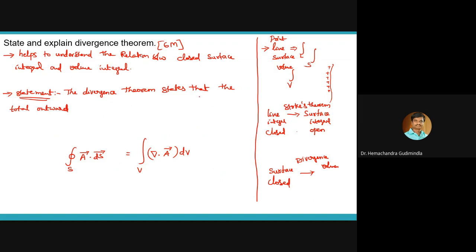So the divergence theorem states that the total outward flux, or we can say divergence of A bar. Divergence is nothing but leaving from the surface. That's the meaning.